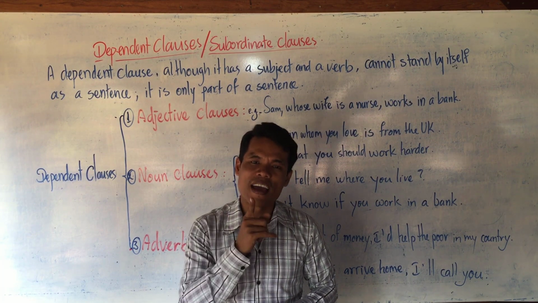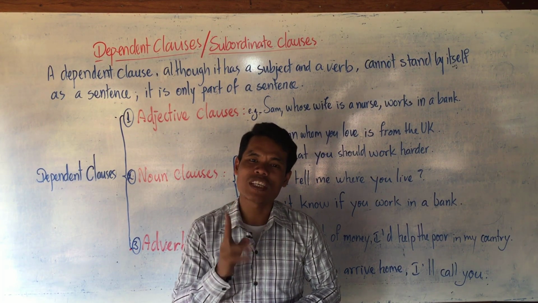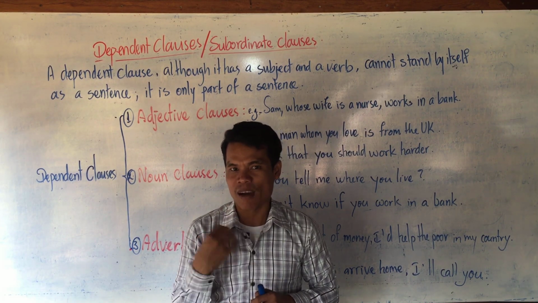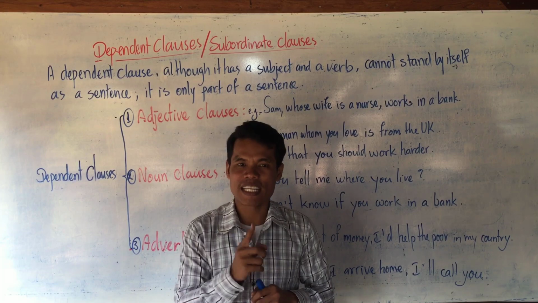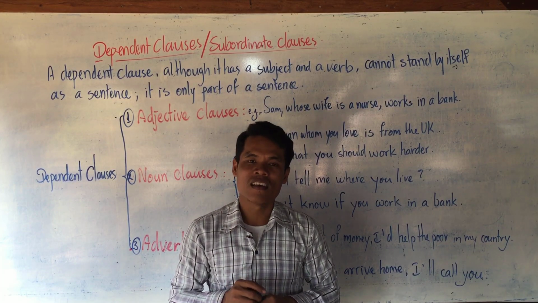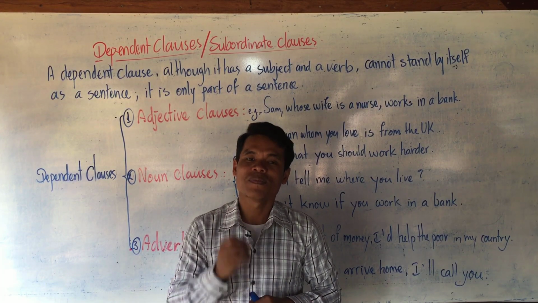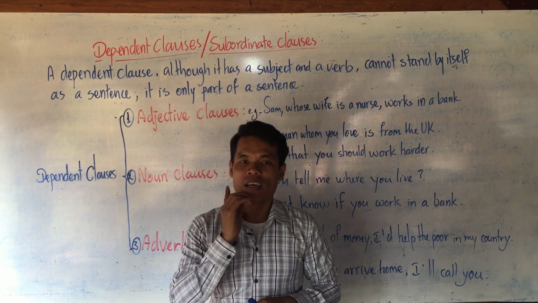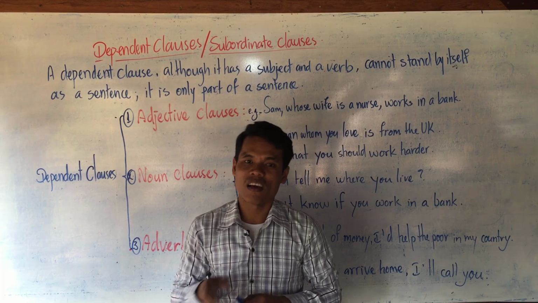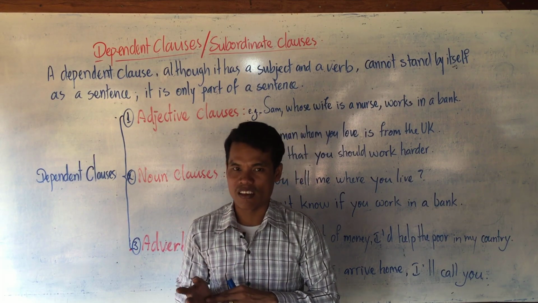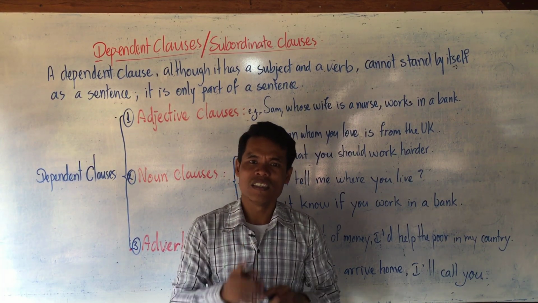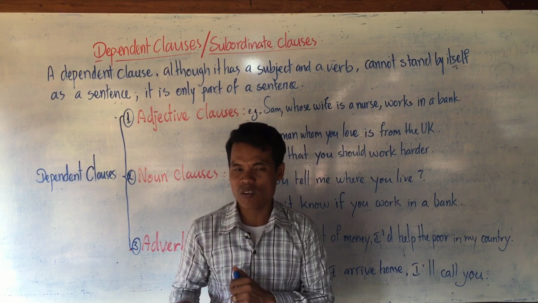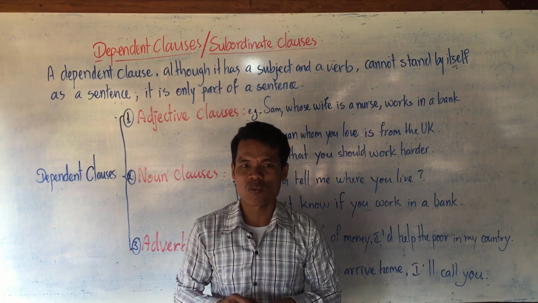An independent clause has a subject and verb and can stand by itself as a complete sentence. It means that an independent clause or main clause can stand alone and it is meaningful. How about dependent clauses or subordinate clauses? A dependent clause has a subject and verb, but it cannot stand alone. When it stands alone, it has no meaning.